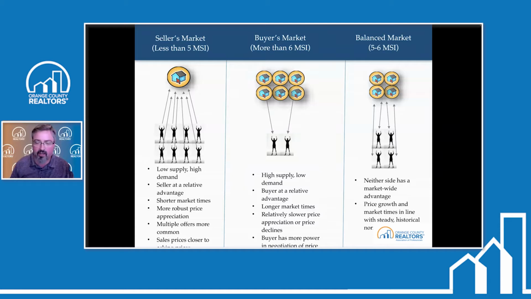A balanced market in the United States for real estate is between 5 and 6 months worth of inventory. In Orange County, it is between 3 and 4 months of inventory. So here, what we're going to do is look at supply to see if we are in a seller's market, buyer's market, or a balanced market.